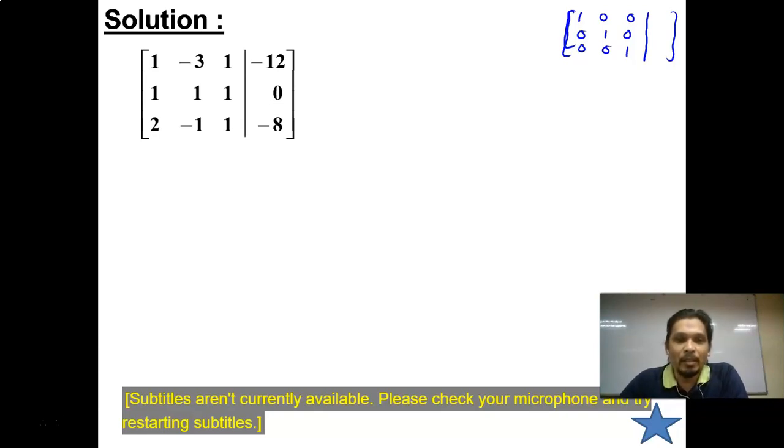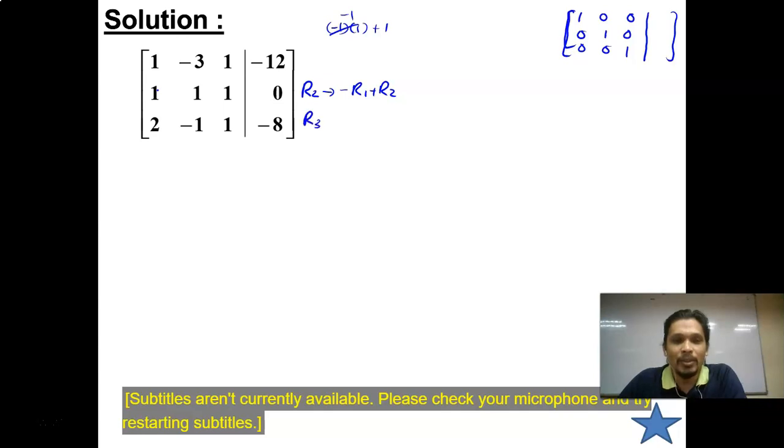So now the new R2 is negative R1 plus R2. Negative 1 multiplied with R1, which is 1. So negative 1 multiplied with 1, plus R2, which is 1 here. This is negative 1 plus 1 equals 0.